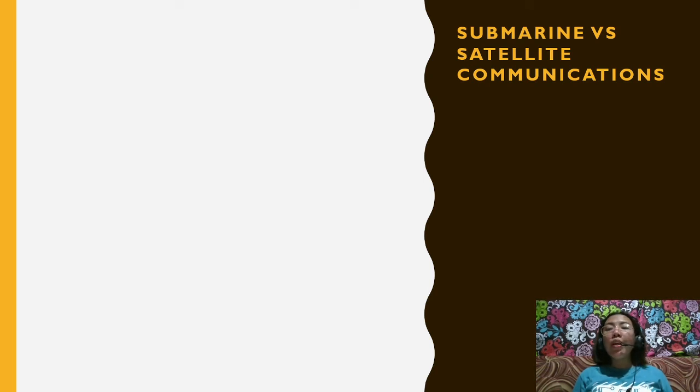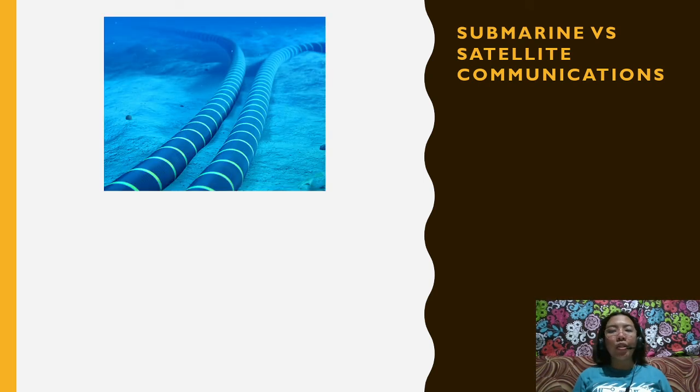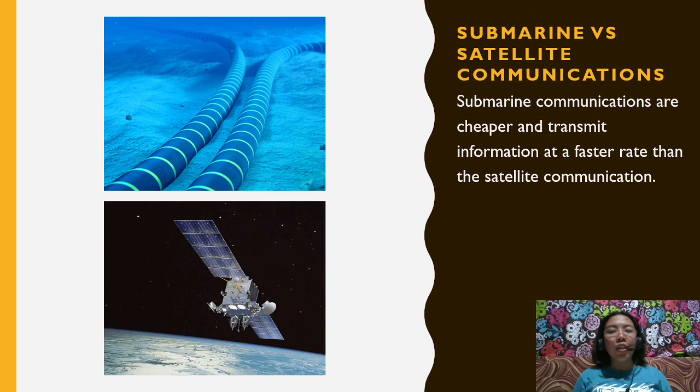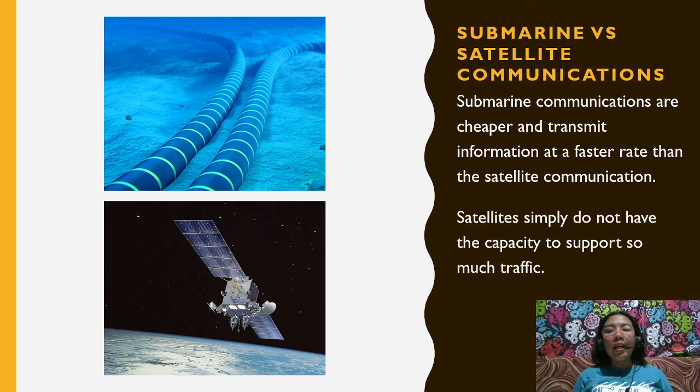So, submarine versus satellite communications. Submarine communications are cheaper and transmit information at a faster rate than satellite communication, while satellites simply do not have the capacity to support so much traffic.